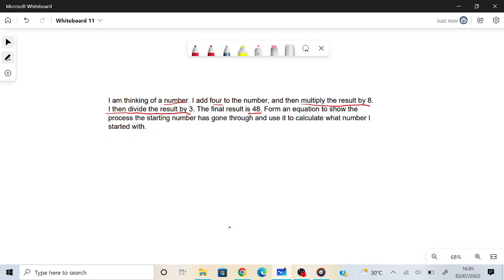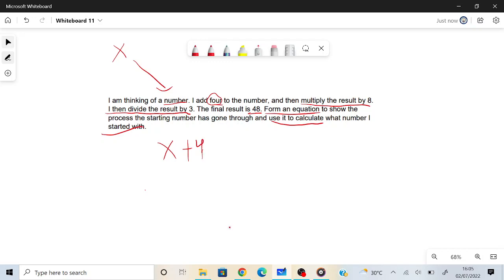Form an equation to show the process the starting number has gone through, and use it to calculate what number I started with. Okay, so let's say that the number that he or she started with is x. So then the person added 4 to x, so x plus 4.